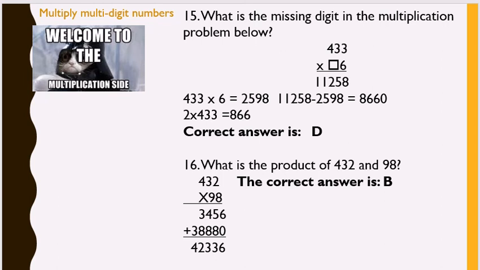So we start with the ones place and we multiply 432 times 8. 8 times 2 is 16. We carry the 1. 8 times 3 is 24 plus 1 is 25. Carry the 2. 8 times 4 is 32 plus 2 is 34. So 3,456.